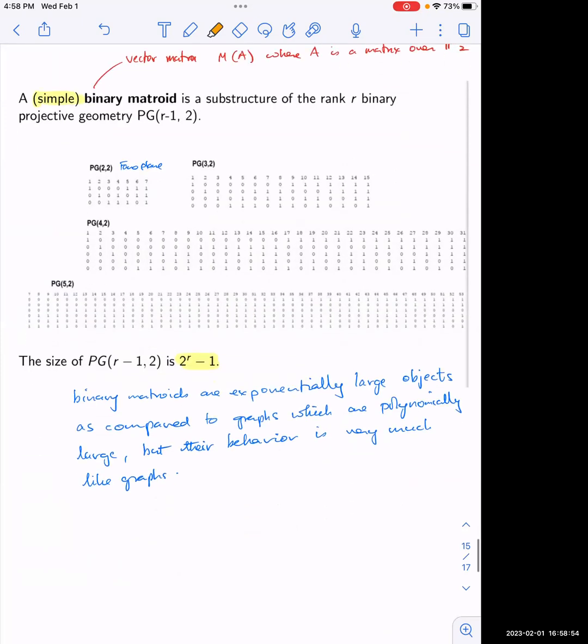A simple binary matroid, and simple means no loops and parallel edges, is a substructure of the rank R binary projective geometry. The notation used is PG(R-1, 2). So we're making this transition to geometries. And I think the next section is on closure and flats, which is very geometric.